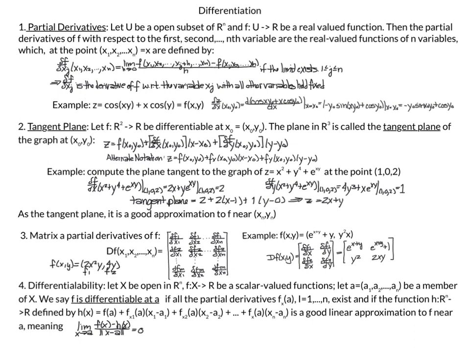Next, we have a matrix of partial derivatives of f, and this is a little bit of a change. Here we had a scalar function, but now we're not necessarily talking about a scalar function. In our example, we have a function that produces a two-dimensional vector.